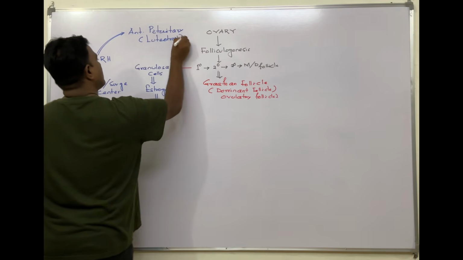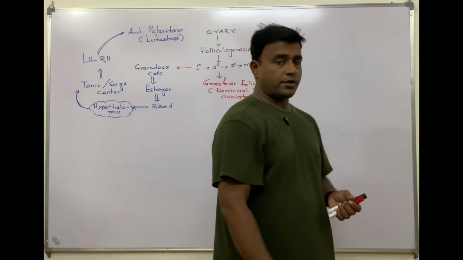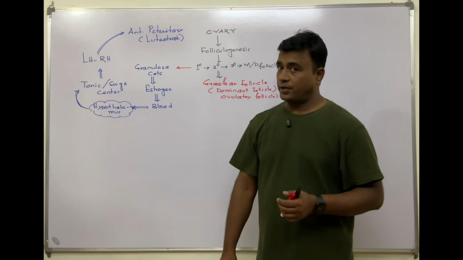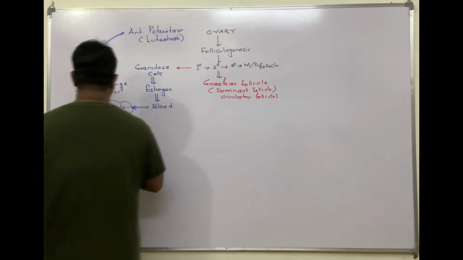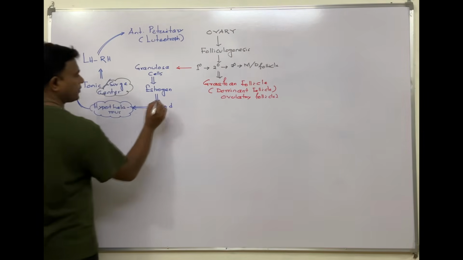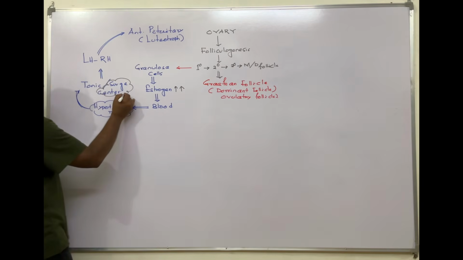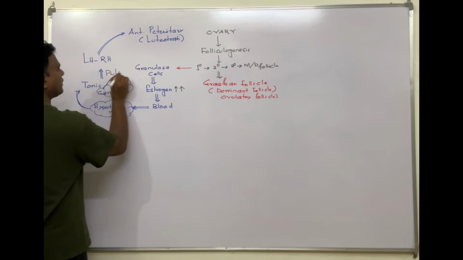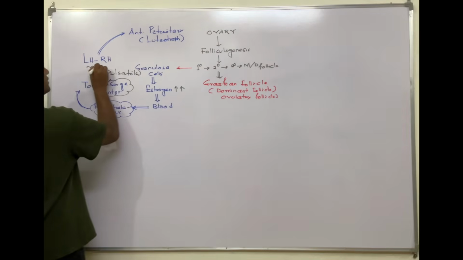So now here guys, a question: what do you mean by surge center? What do you mean by the tonic center or the basal center? Here my focus is on this word surge center. When the concentration of estrogen is too high, it acts on the surge center and there is a pulsatile, high frequency release of this LHRH.